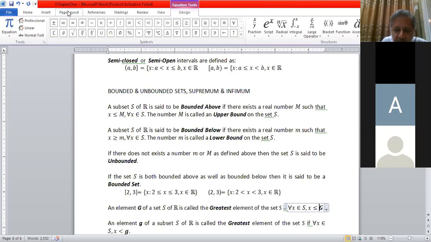Because here, if you think in this set, what's the greatest element of the set? Can anybody comment? 3.99999 something. 2.99999 कहना चाहिए तुम्हें, है ना? My bad. Yes.